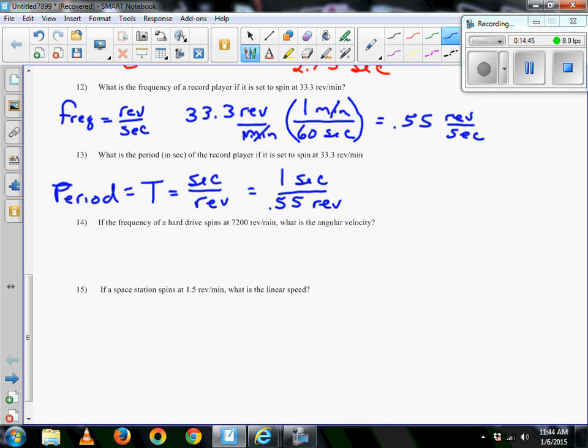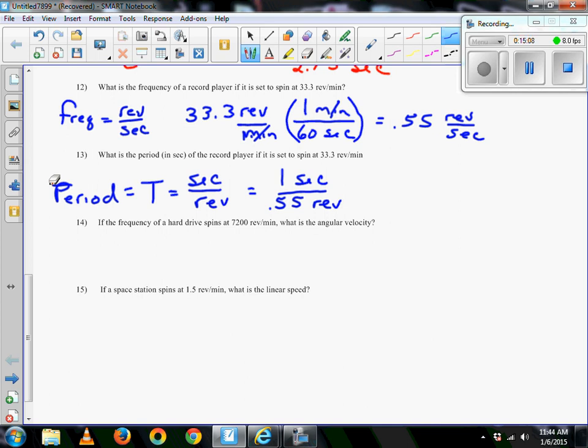Okay, up here, number 12. Frequency is revolutions per second. Period is seconds per revolution. It's flipped. So look, I just simply flip-flop these numbers. Instead of 33.3 divided by 60, I'm taking 60 divided by 33.3.